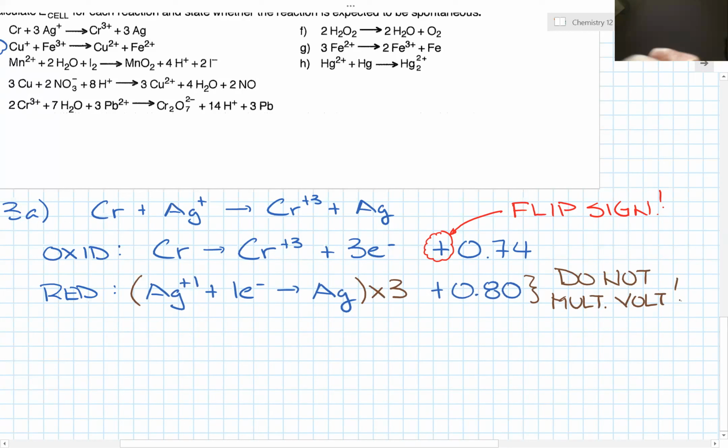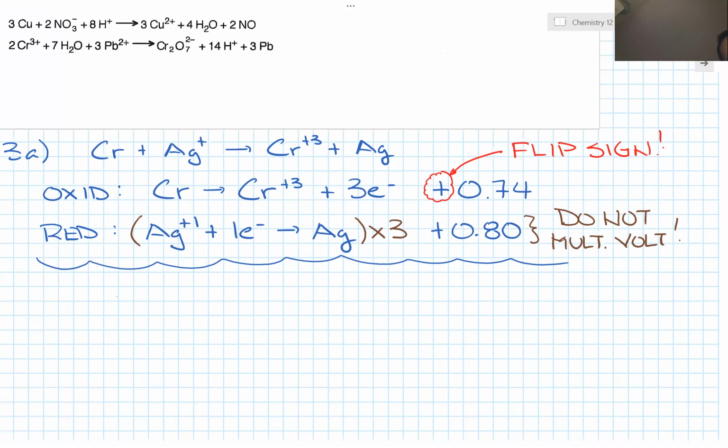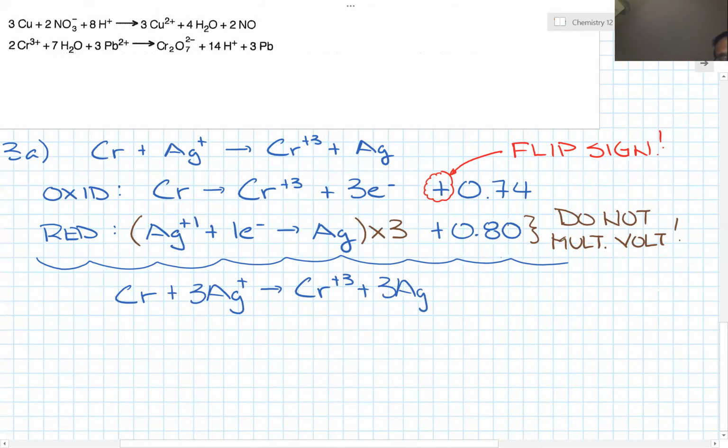And then you add this up. You get your equation, which is Cr plus 3Ag+ gives you Cr3+ and 3Ag. And when you combine the two voltages together, you get 1.54 volts.